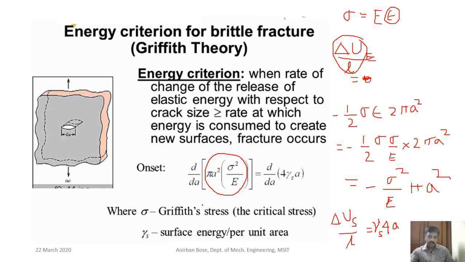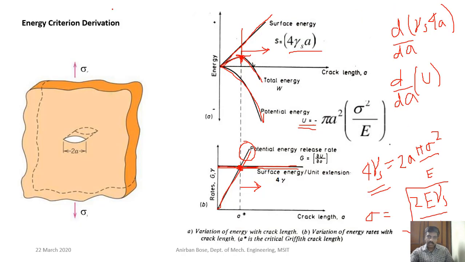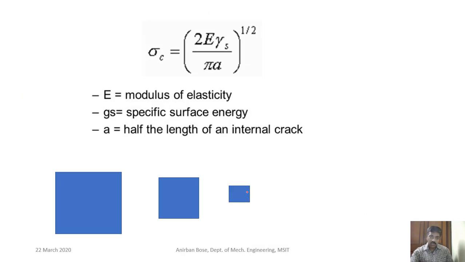Rate of energy release means, I think you have understood by now, dU/dA, the derivative with respect to the crack size. So if the rate of energy release is more than the rate of energy required to create new surface, then crack will propagate. Okay, so this is the critical value when the crack is just going to become unstable.